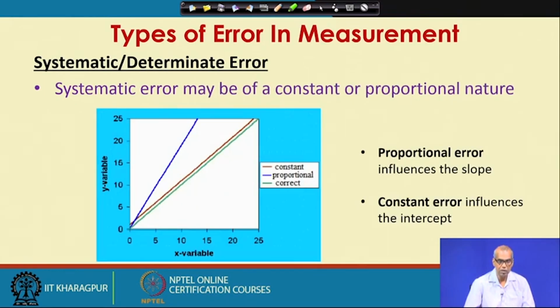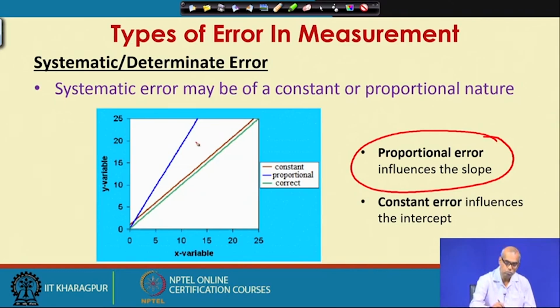Systematic or determinate error may be of a constant or proportional nature. When it is proportional in nature, it influences the slope.